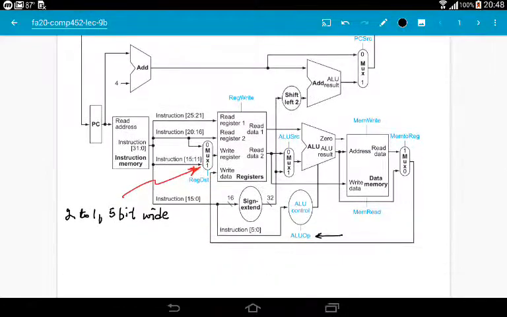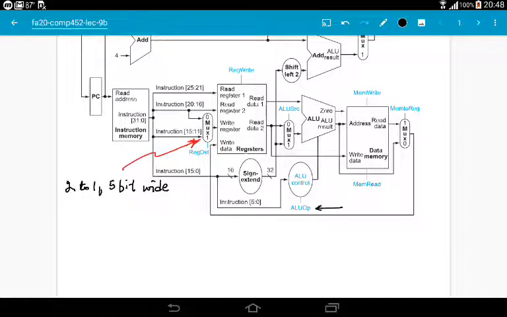Why do we need this mux? This is very important. Let's take the case of R-type instructions.